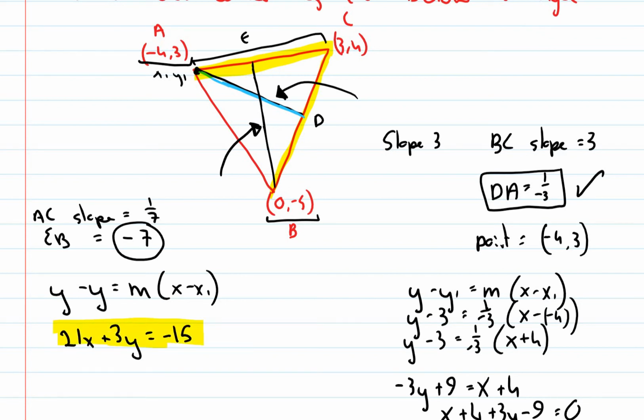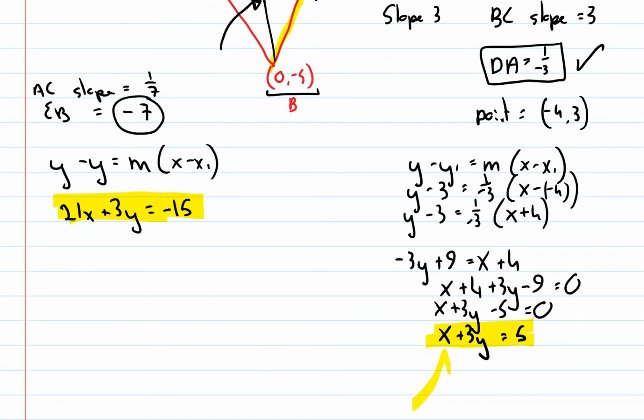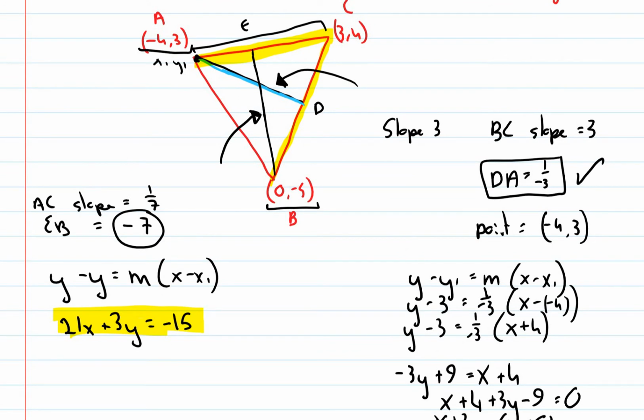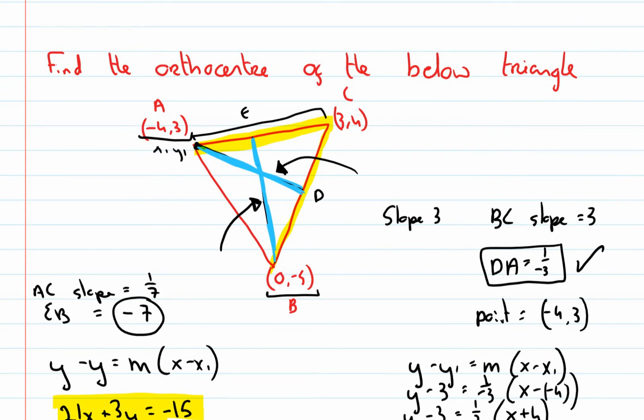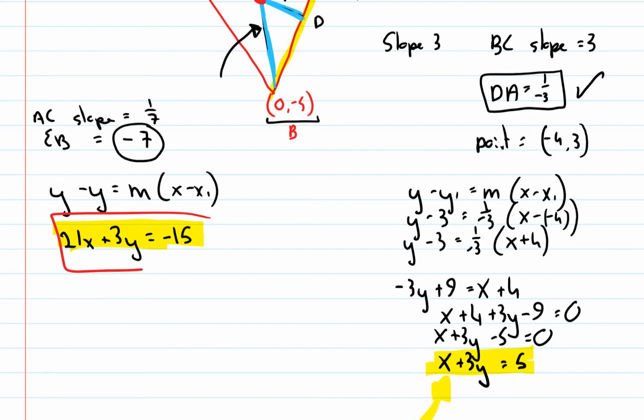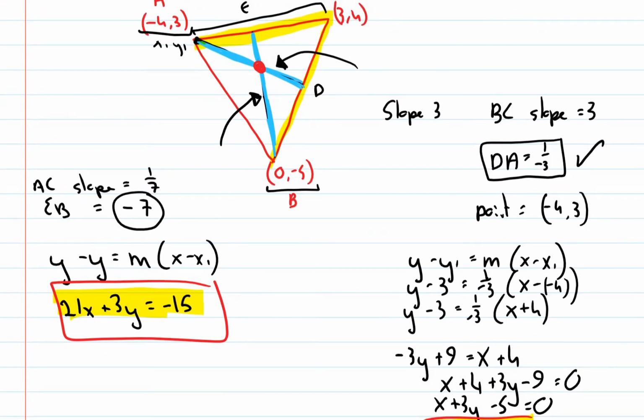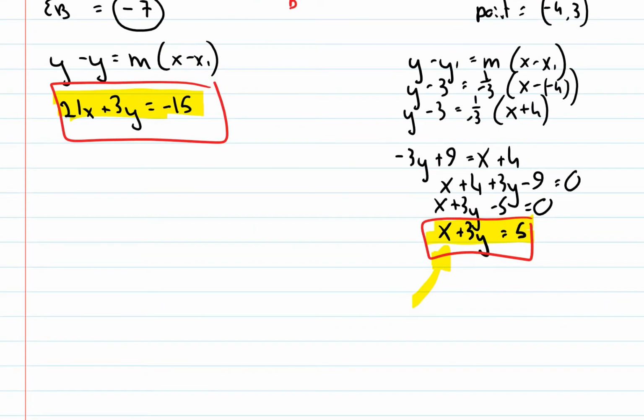So I have two equations. Just to go over that again, I have one equation which gives me this line, and the other equation which gives me this line. The orthocentre is where they both cross. So if I could find out where this line and this line cross, well then I would know this point, and therefore I'd know the orthocentre.